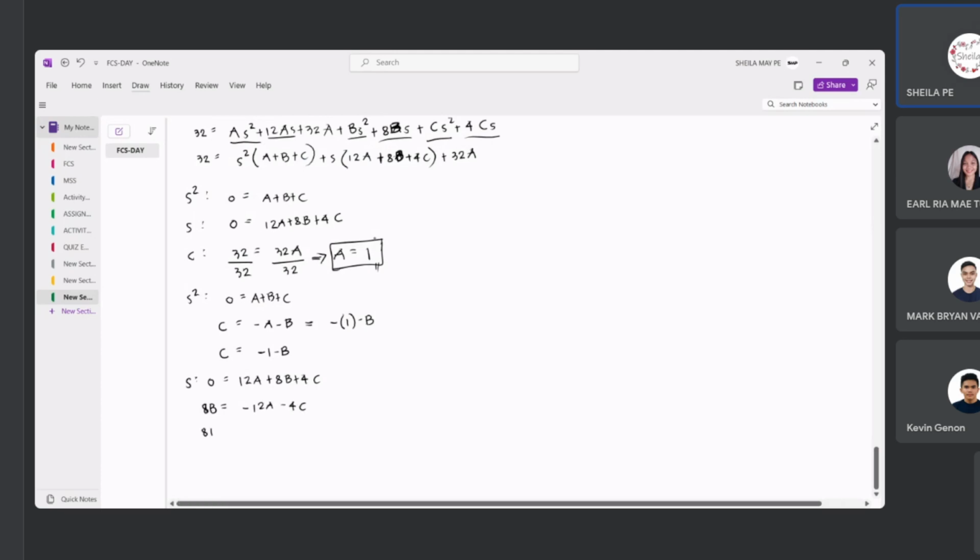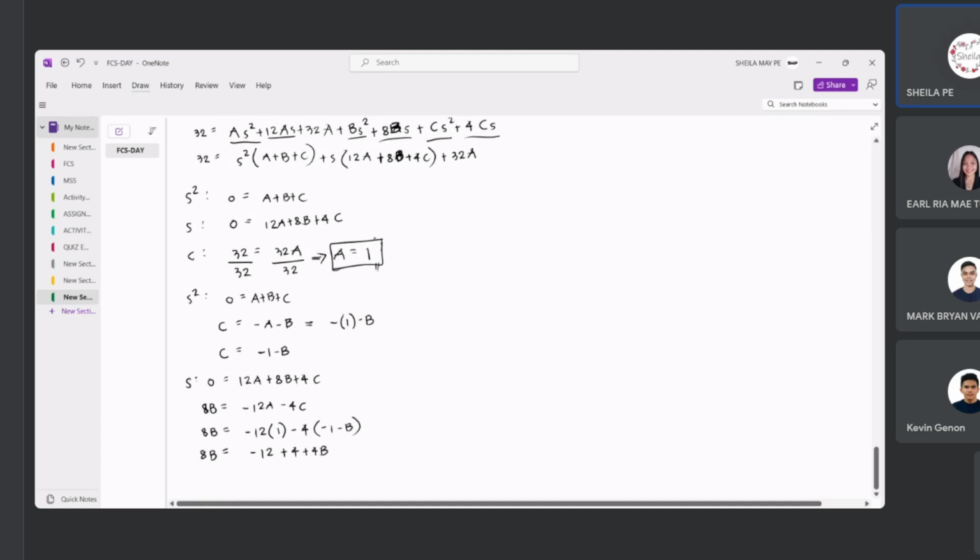Remember, we already got A, which is 1, and we have C as negative 1 minus B. So 8B equals negative 12, negative 4 times negative 1, that's positive 4, negative 4 times negative B, that's positive 4B.